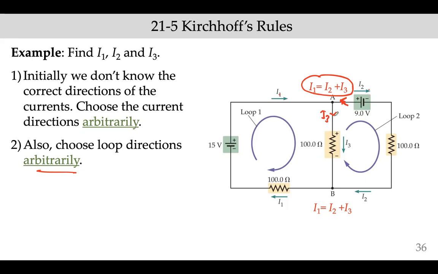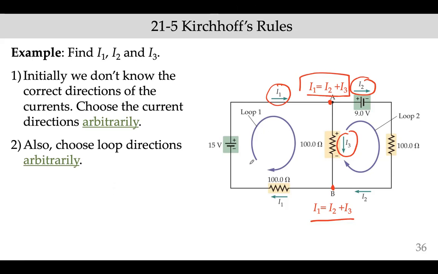So in that case, it will be different. Anyway, you choose the directions arbitrarily, it's up to you. And then for those directions, you write this equation, the junction rule. And for this junction, and for point B, it will be the same equation. So we have one equation at hand.